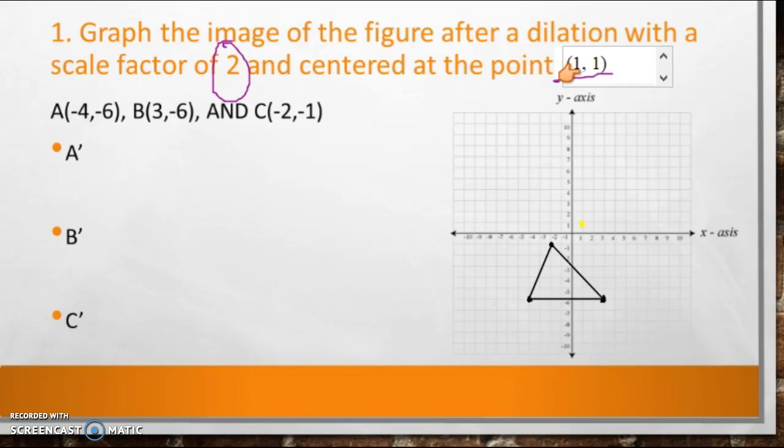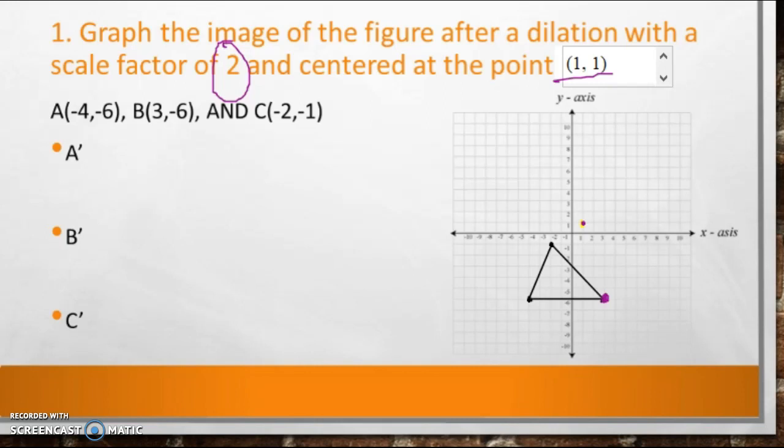Now remember, when we want to do a scale factor that's not centered at 0, you need to start from that center of dilation and count how you get to each vertex. So I'm going to go down here to this purple vertex at the bottom. I've got to follow the grid.